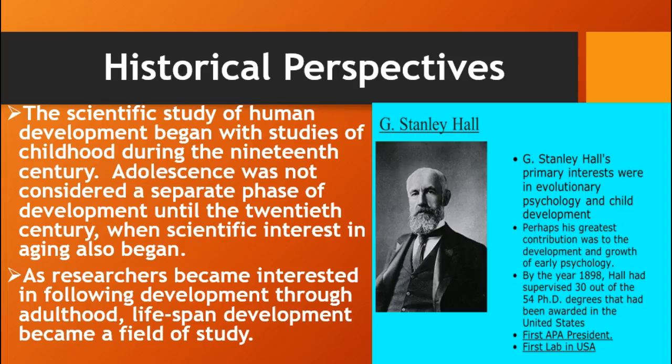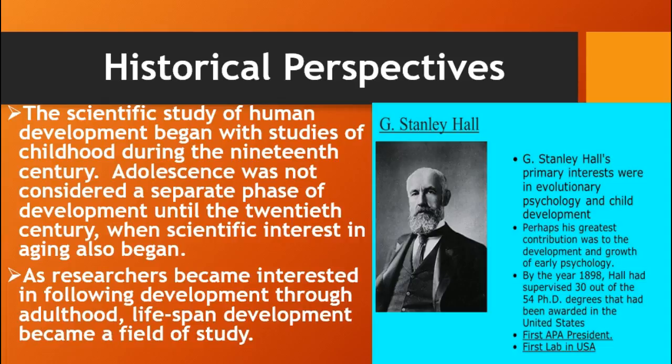Now, just as in any discipline, we like to study the history of behavior and how everything evolved. And through these historical perspectives, G. Stanley Hall was one developmental scientist whose primary interests were in evolutionary psychology and child development.